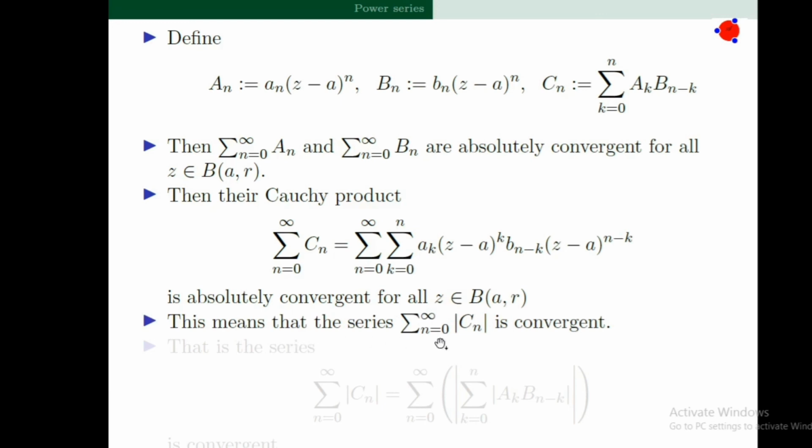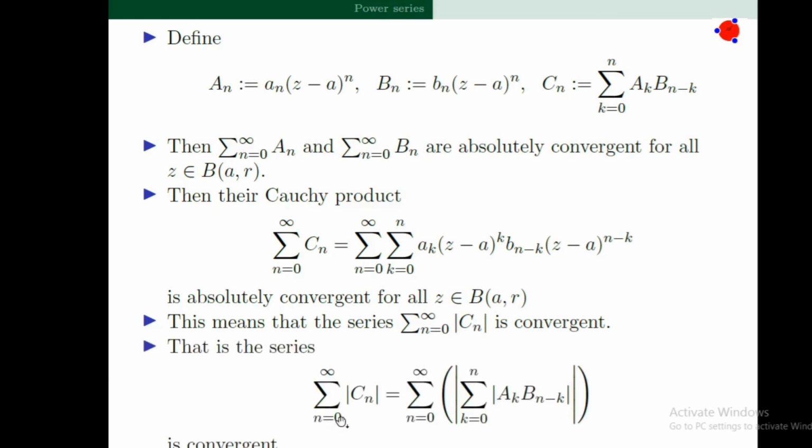That means the series summation n equal to 0 to infinity mod Cn is convergent. Now summation mod Cn is equal to summation n equal to 0 to infinity of summation mod ak into mod bn minus k, and this series is convergent.